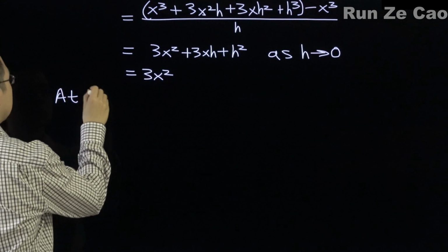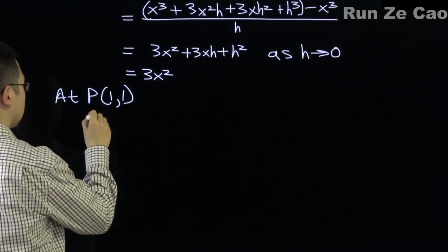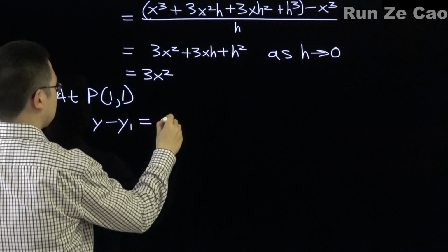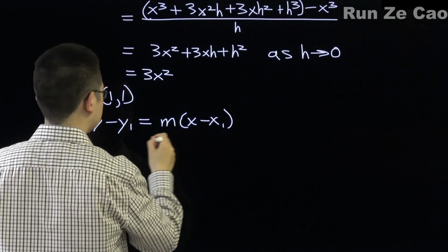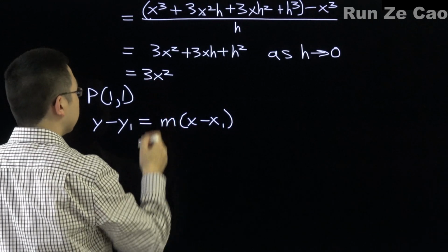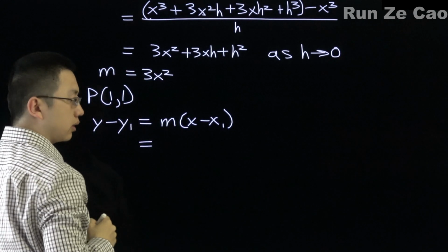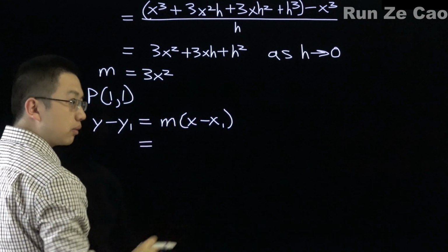Well, what we get is, at P1, 1, we have y minus y1 equals m times x minus x1. So, what is m? Well, we said that m equals 3x squared. Notice that here we're getting rid of one step.